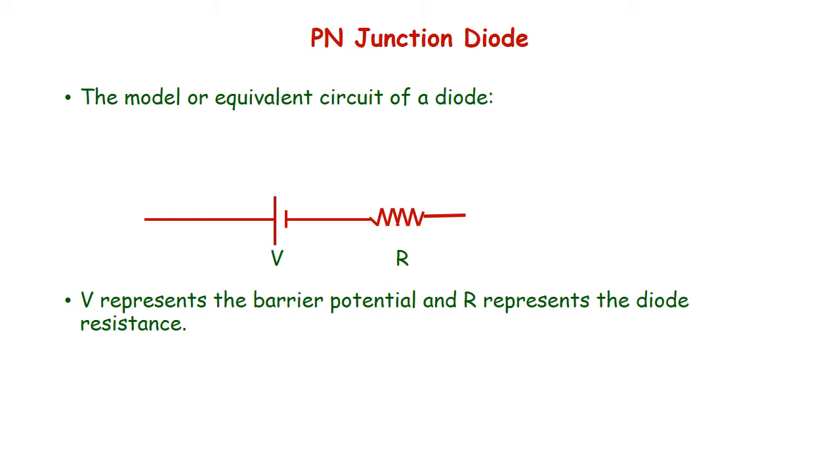So this represents the diode drop for the 0.3 volts or 0.7 volts for germanium or silicon diode, and to represent that voltage we have a voltage source, and then to represent the slight slope in the characteristic, if it had been a perfectly vertical straight line after it turns on, then we wouldn't have this resistance, but then it is not, and therefore we include a resistance to represent the diode resistance or the slope in the characteristic. So this is an equivalent circuit of a diode.